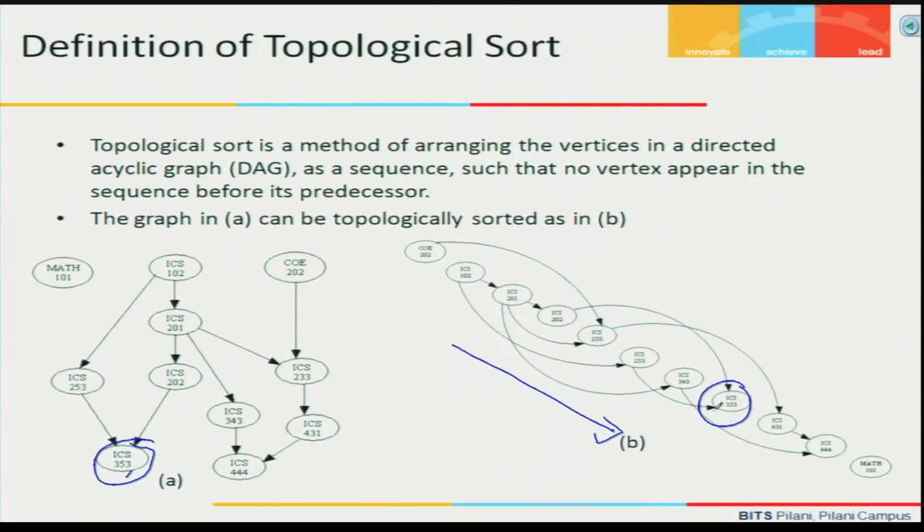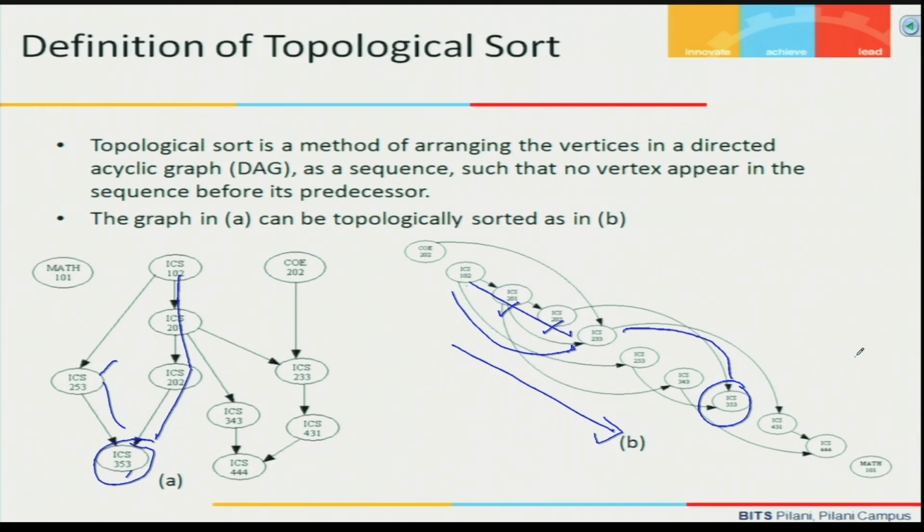So, for doing this course, first one has to do 202, then 201 and 102. This particular thing is represented in this arrow. Similarly, one also has to do 102 and 253 to do 353. So, you do 102 and then you have an arrow here, and from here you have an arrow which is here.